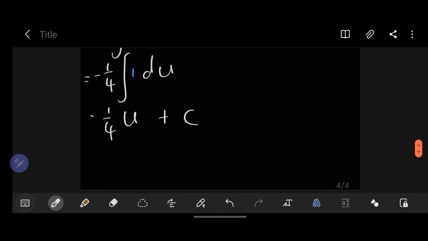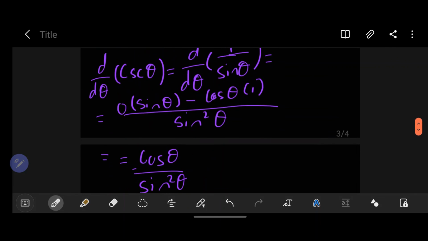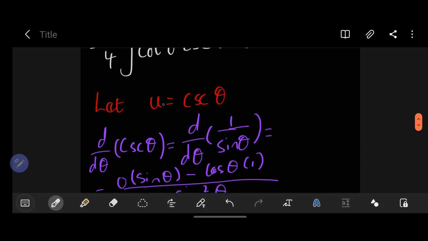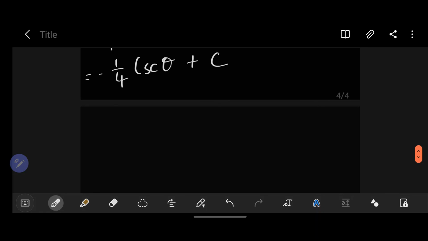But I do not want the antiderivative of u. Instead, I want the one of x. But in order for me to get to x, I have to substitute back theta. And what was theta? u in terms of theta was cosec theta. So I come back and substitute cosec theta plus c. And still, I want my antiderivative in terms of x.